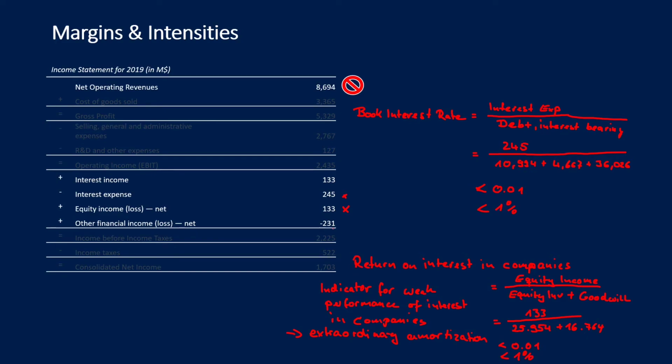Probably we see here other financial income or loss. We see a loss here. I would guess that this is already an extraordinary amortization. To find out, I would have to take a look into the notes of the financial report, and probably it is written there.